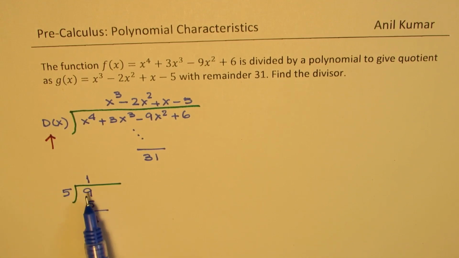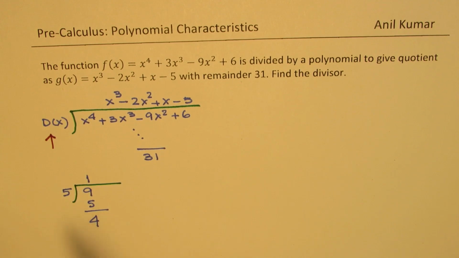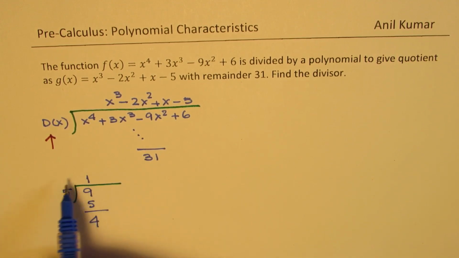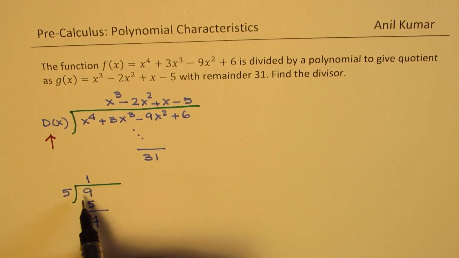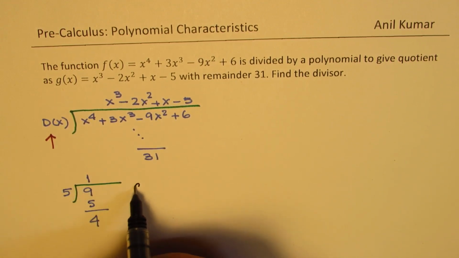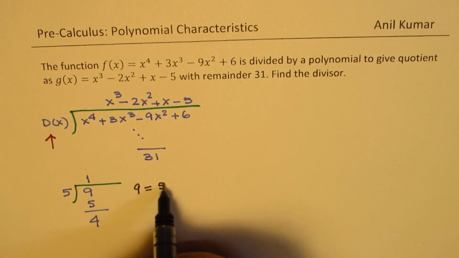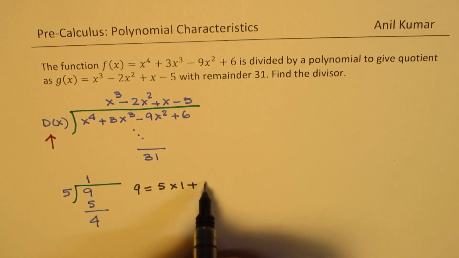Well, one way is, if I take away 4, which is the remainder, from 9, in that case, this quotient is a multiple of the divisor. Do you see that? So that could give us a clue of how we get this particular answer. So in a way, what we are given is 9 is equal to 5 times 1 plus 4.